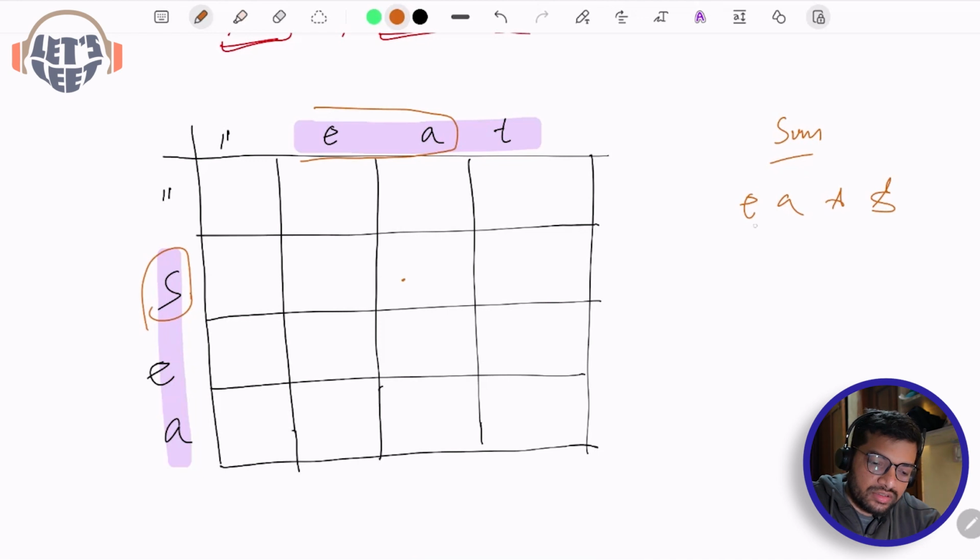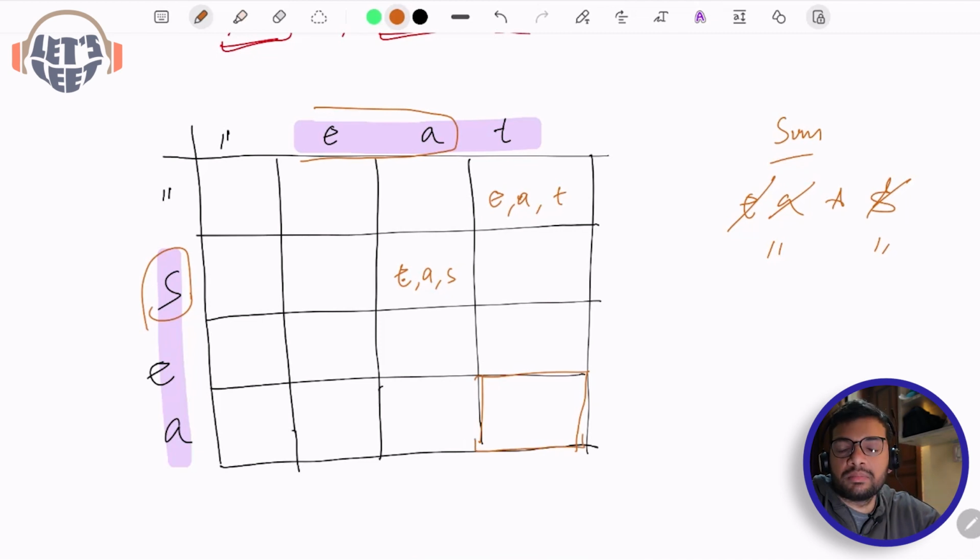What we need to do is we need to delete E, A and S. In that way both will be blank and will be equal. So this will be E, A and S deletion. If I talk about this cell, this will be the cost of making "eat" equal to blank, and that will be deleting E, A and T.